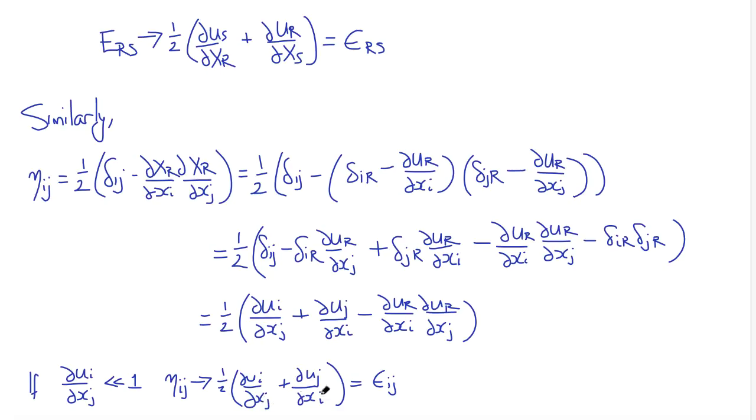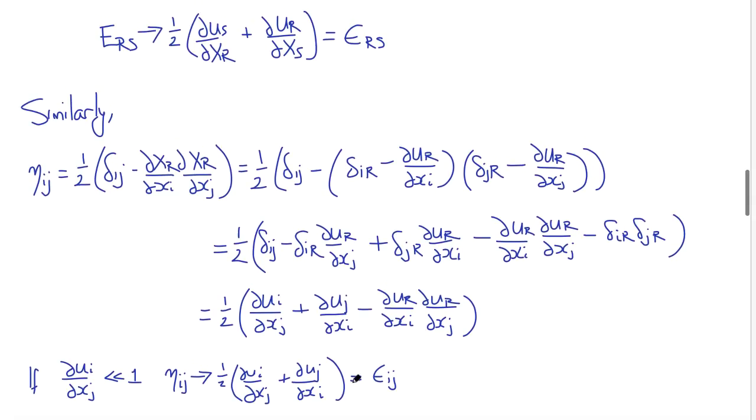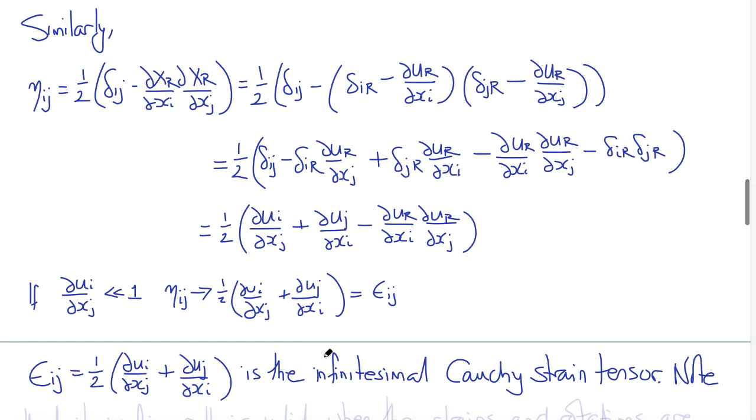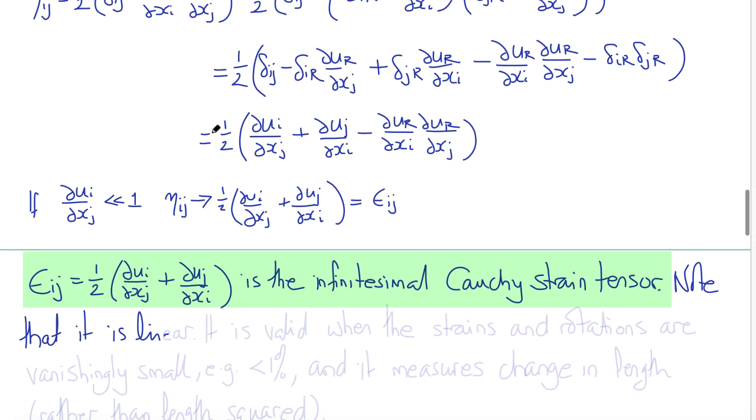So these in fact are the same equation in that linear limit, and we normally write it this way in terms of current coordinates. So ε_ij equals 1/2 (∂u_i/∂x_j plus ∂u_j/∂x_i), which is clearly symmetric.